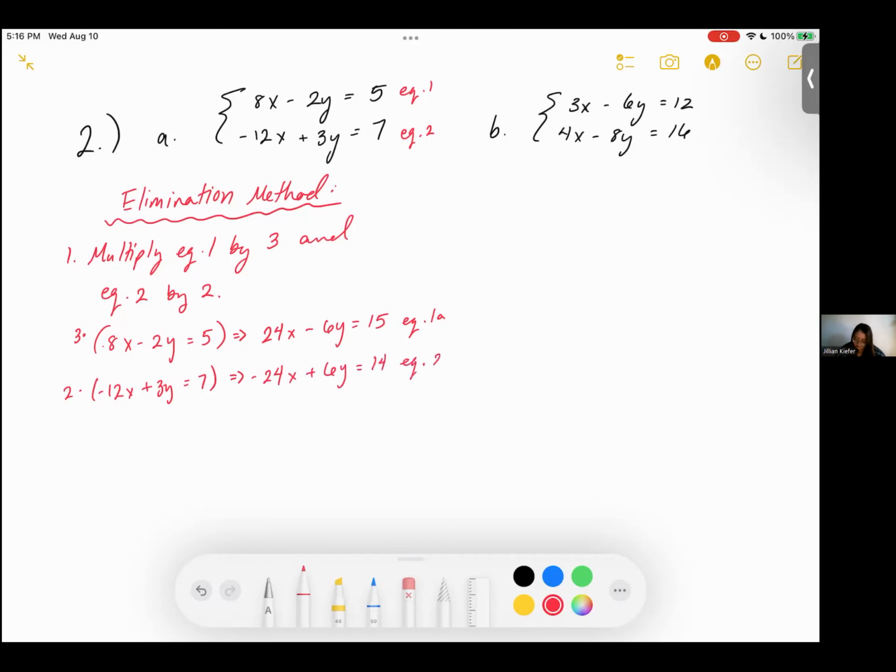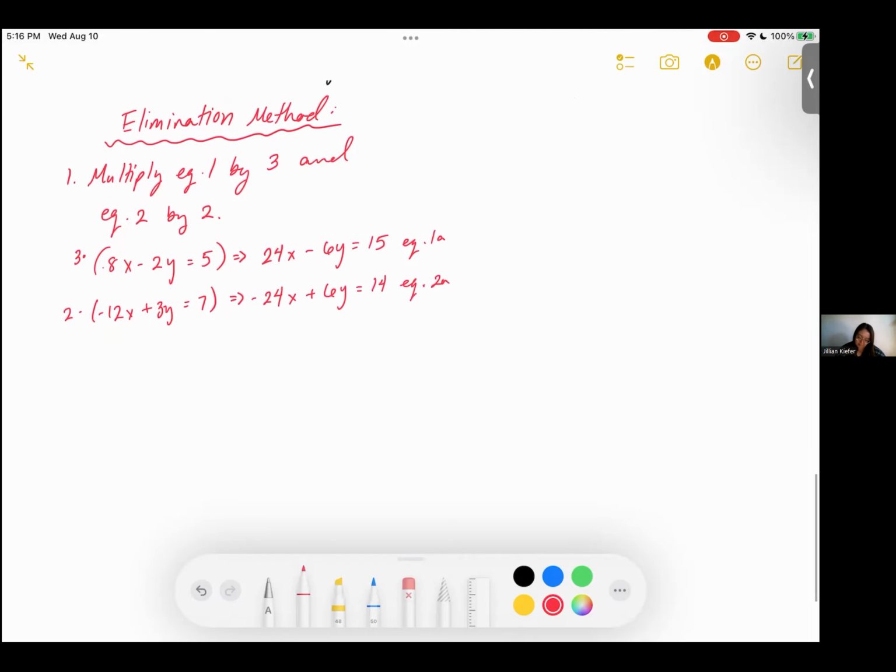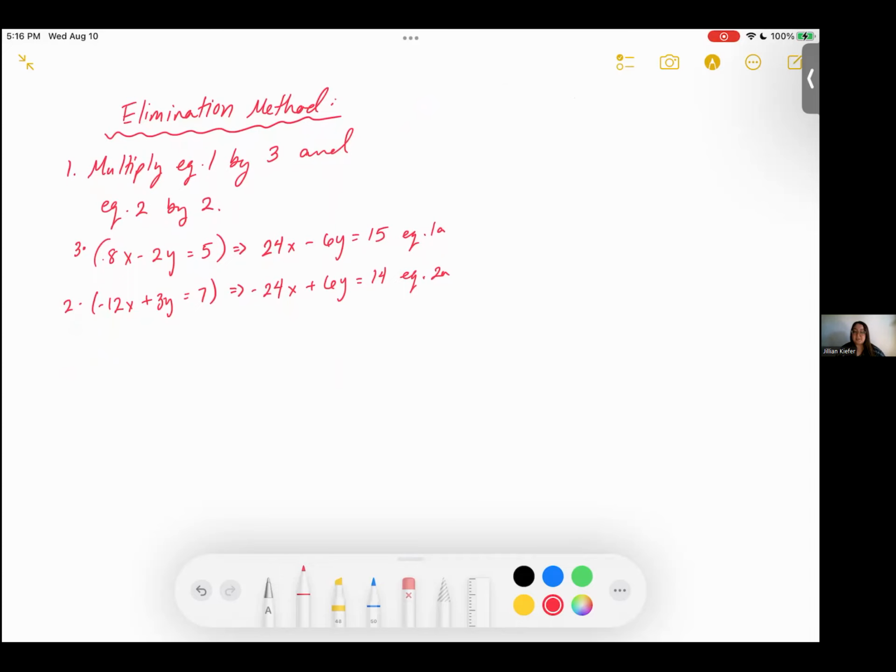This will be equation 2a. So the new system that we're working with here, this is step 2 now, will be 24x minus 6y is equal to 15, and negative 24x plus 6y is equal to 14. So we're using equation 1a and equation 2a now.